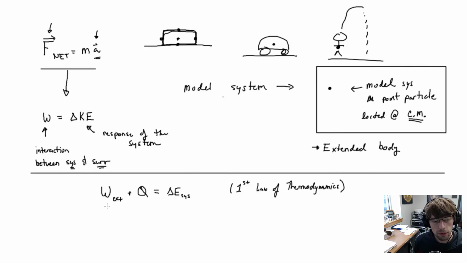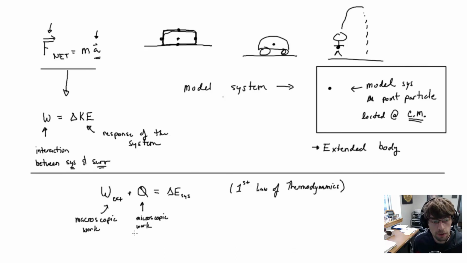And I'll say this is what we call the macroscopic work, in other words, the work done to change the motion of the center of mass of the particle. And I'll call this the microscopic work, in other words, the work done on the individual atoms of the system.